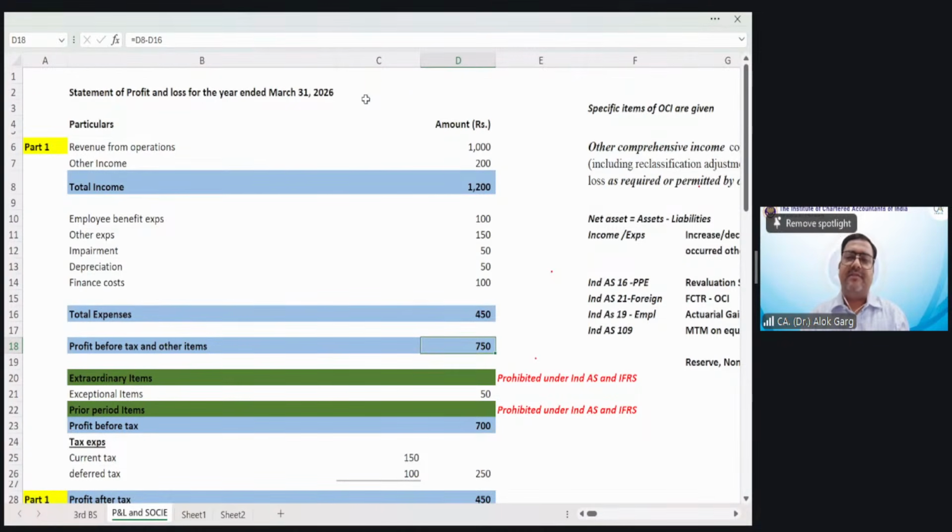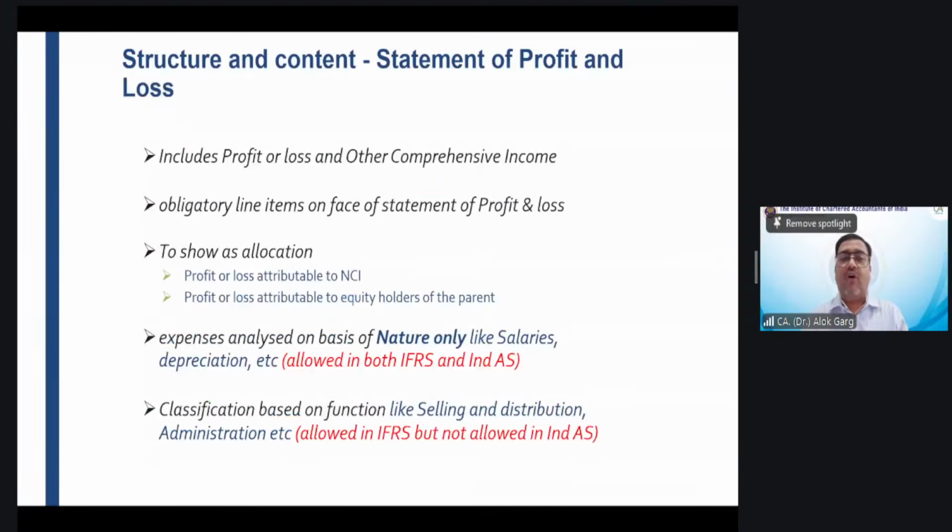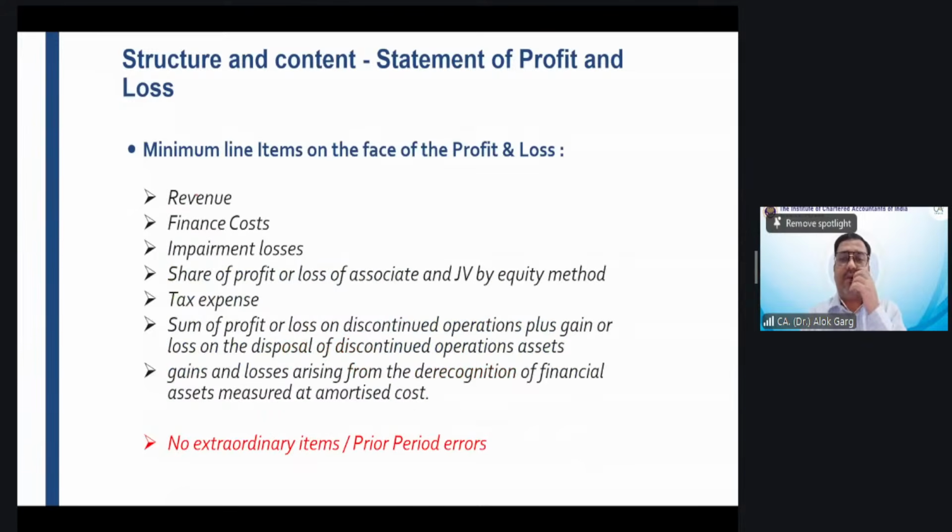My dear friends, in Ind AS 1, like in the balance sheet, minimum line items were given. In paragraph number, if my memory serves me right, paragraph number 82 was there. So in Ind AS 1 also, minimum line items are there in the P&L format, right? Obligatory line items on the face of the statement of profit and loss.